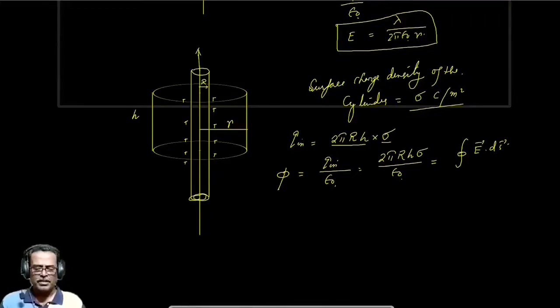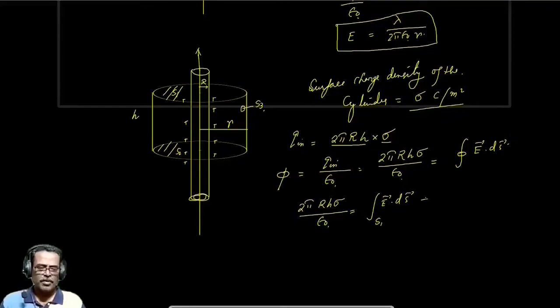We can divide the whole surface into three parts. One, the top part, suppose this is S1, the bottom part, this is S2, and the curved surface S3. So 2 pi r h sigma by epsilon 0 is equal to E dot ds over S1 plus E dot ds over S2 plus E dot ds over S3.